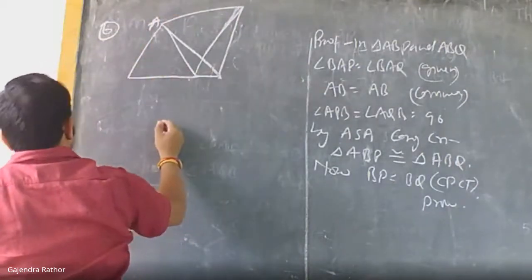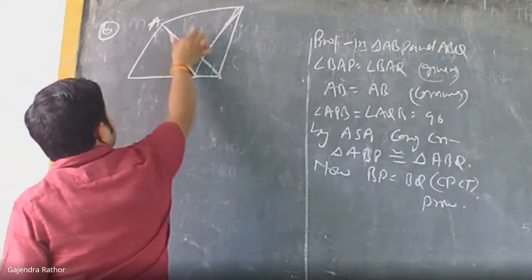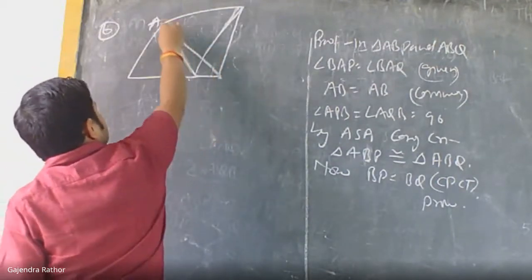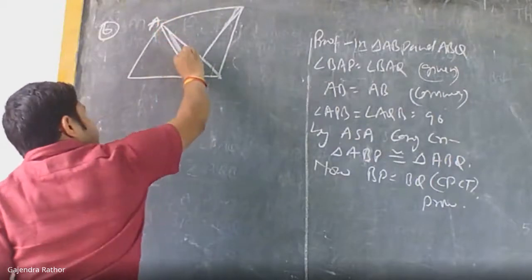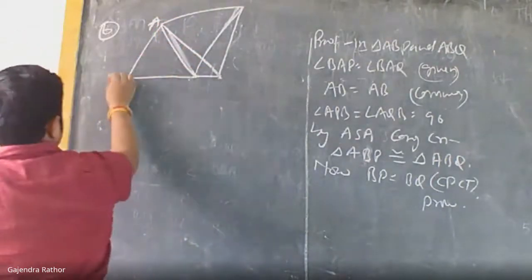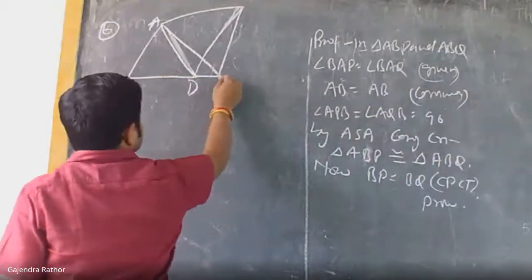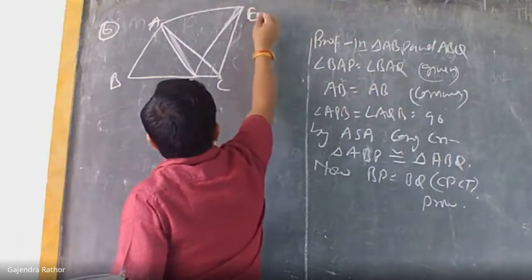This is A. This is B. This point D. This C and this E.